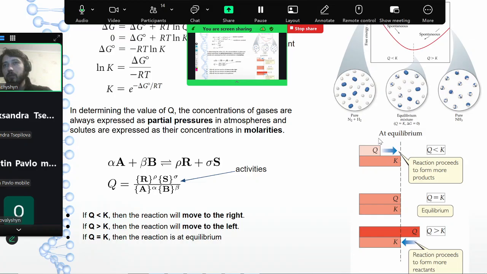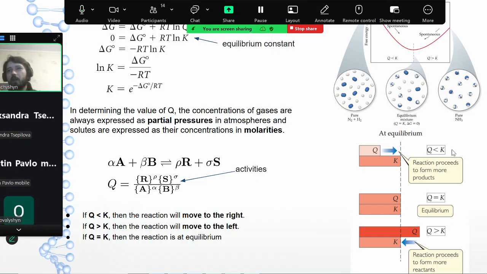Here's an example. If we change this Q, the reaction proceeds, if it is less than K, it proceeds to form more products. As it goes, Q and K become equal, so the reaction is at equilibrium. Or if we have Q greater than K, the reaction proceeds to form more reactants, and once again you return to the state of equilibrium.